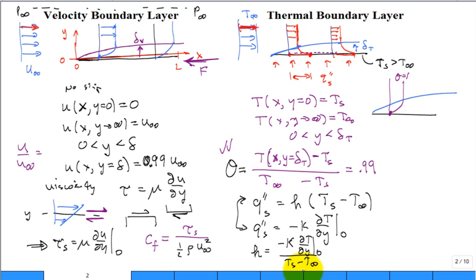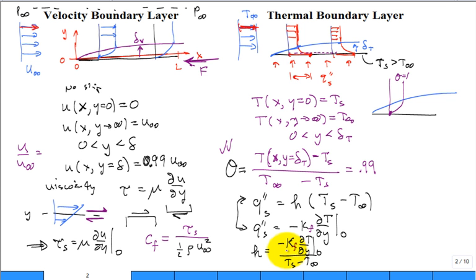Fluid. So sometimes they'll put an additional subscript F right there to emphasize, don't put a solid thermal conductivity right there. You may be tempted, but it's really the gradient of the temperature in the fluid at the surface, and I need to use the thermal conductivity of the fluid.